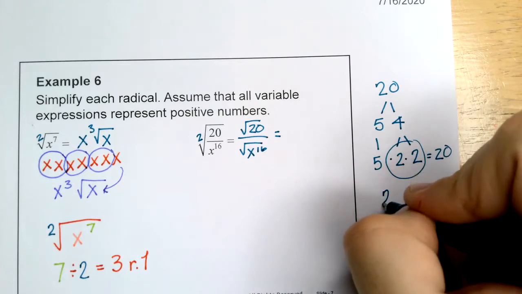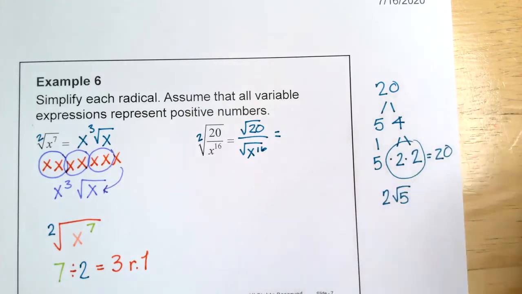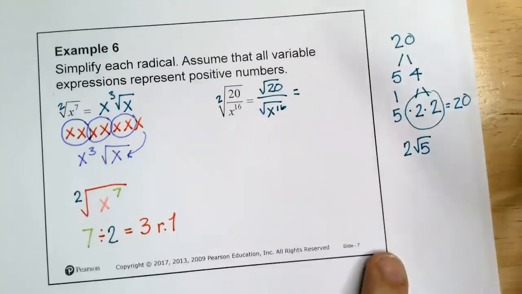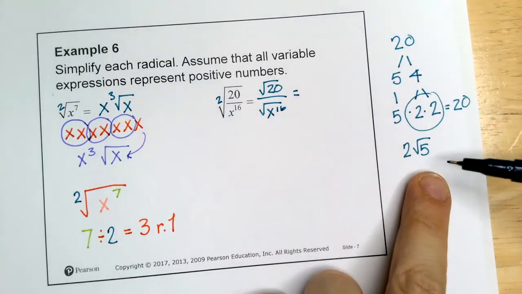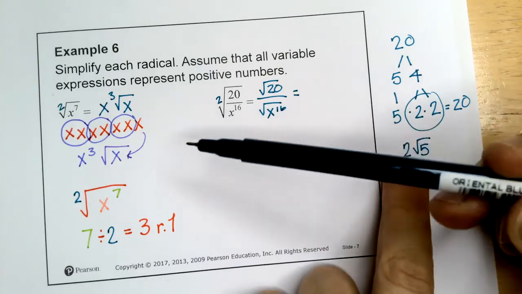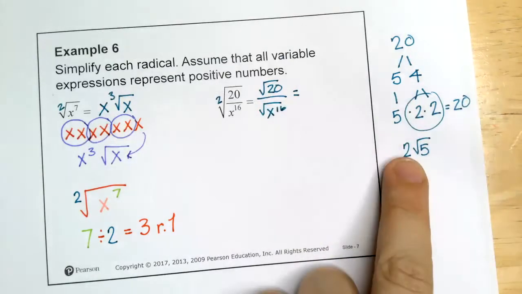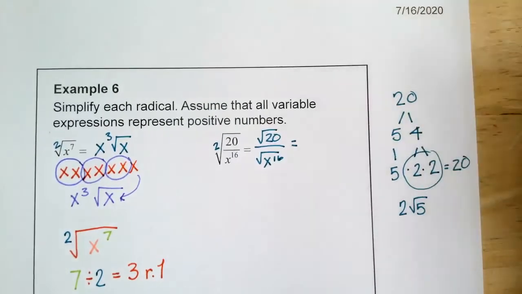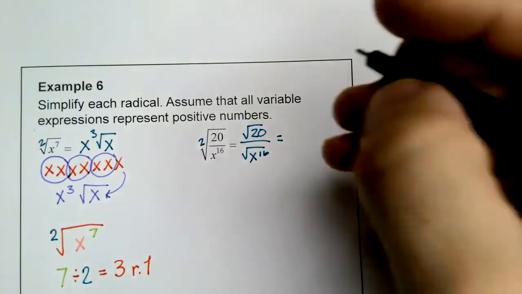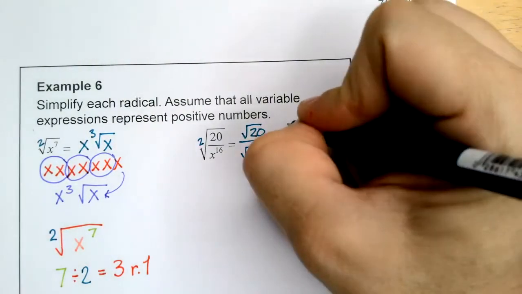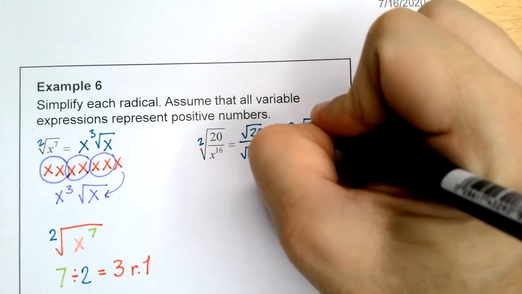Pull these out. So now I have 2 and the 5 stays under. Just like here, the x stayed under, here the 5 stays under. And the 2 comes out just like the 3 x's came out. So the square root of 20 is the same as 2 square root of 5.